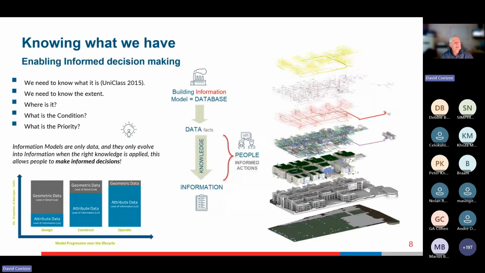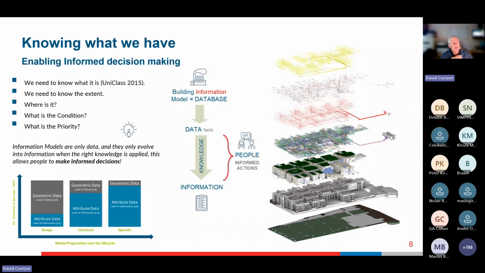One of the big things as an asset manager is that I always want to know where everything is. This is probably more important in civil infrastructure than it is in building infrastructure, but it's also important in building infrastructure. Obviously, if you have a detailed geometric model, you know exactly where everything is to within millimeters. What is its condition?